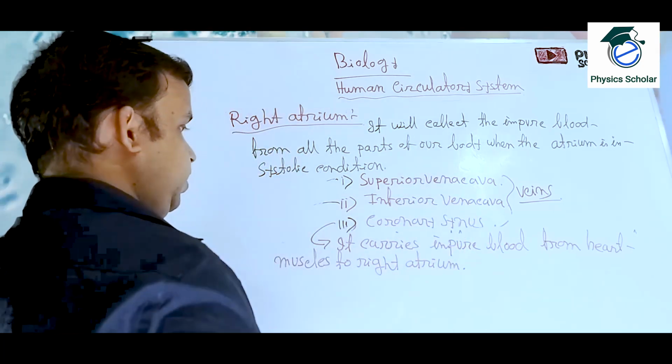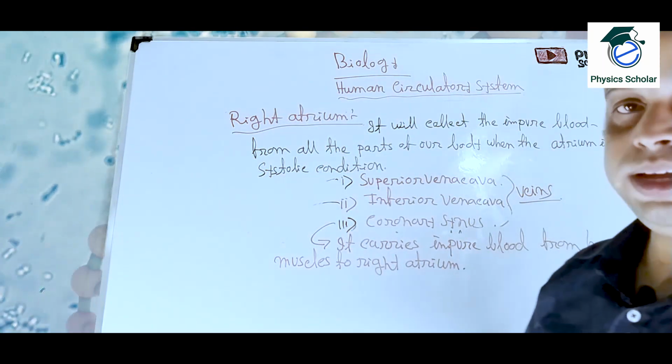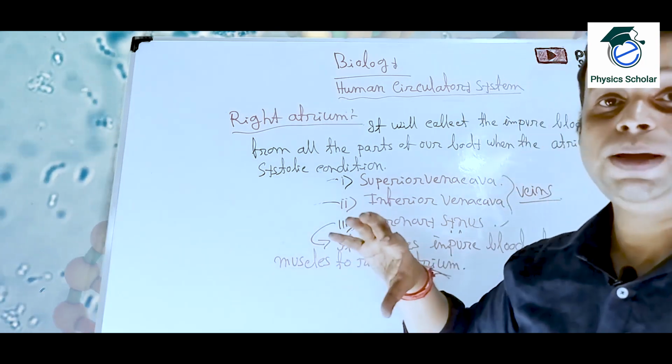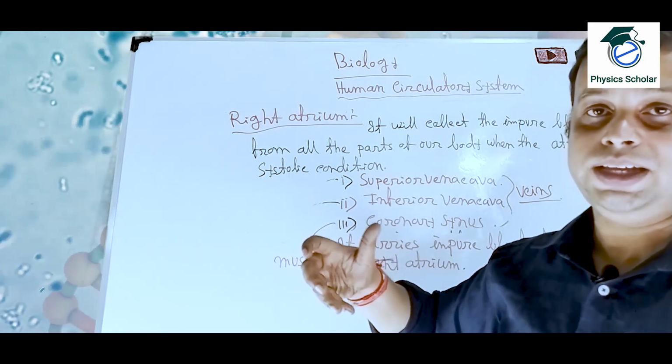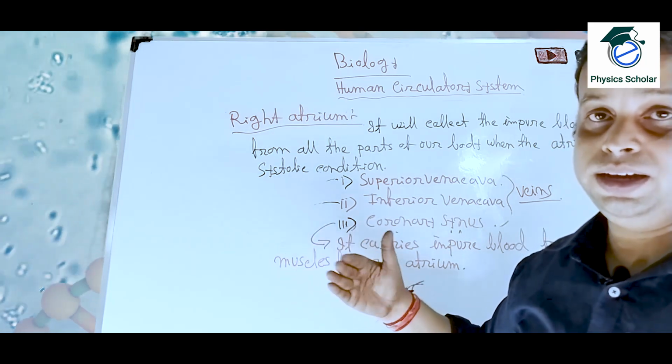Clear? It carries impure blood from heart muscles to right atrium. Okay, because the heart also has muscles, it consists of muscles itself. So for those muscles also, the impure blood needs to be carried.